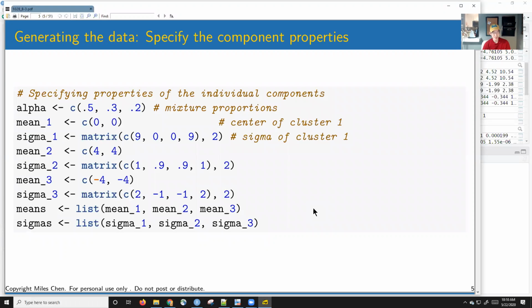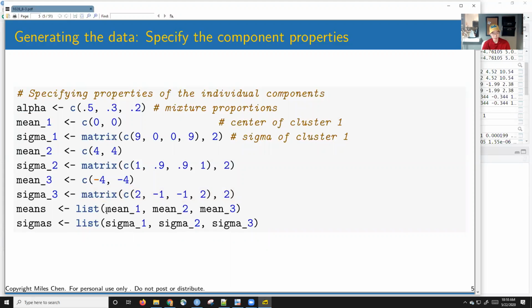Okay, so this is how the generation of the data might look. I'll create an alpha vector, and I've got something to represent the mean of component 1, the sigma matrix of component 1, the mean of component 2, sigma matrix of component 2, mean of component 3, sigma matrix of 3, and so on and so forth.